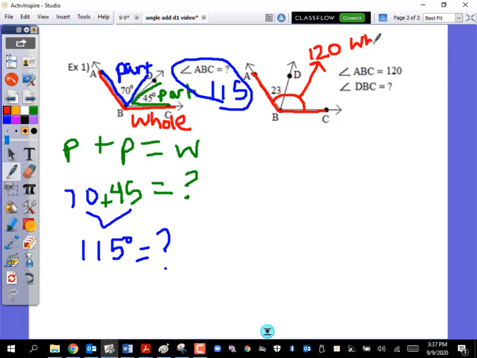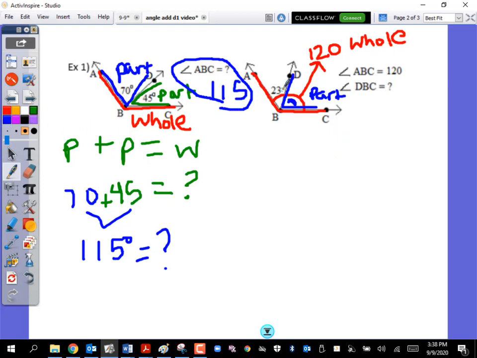So I'm going to label that whole. This time they want to know angle DBC, right here from D to B to C. Whatever it is, I know that's going to be a part, because it's a smaller angle. It's not the biggest angle in the picture.